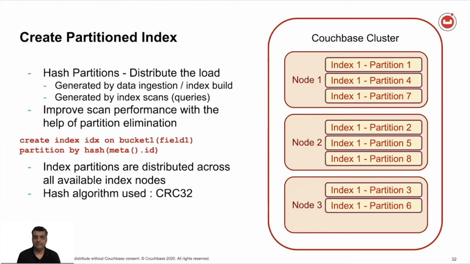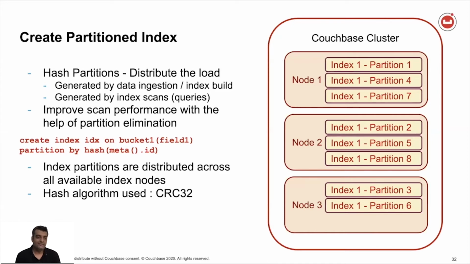If there are multiple nodes in the cluster, multiple partitions of an index will get placed on different nodes in the cluster, and hence the load will be distributed as shown in this particular diagram. Partition indexes are also helpful in improving the performance of the scans with the help of partition elimination. We will come back to partition elimination in the later slides.